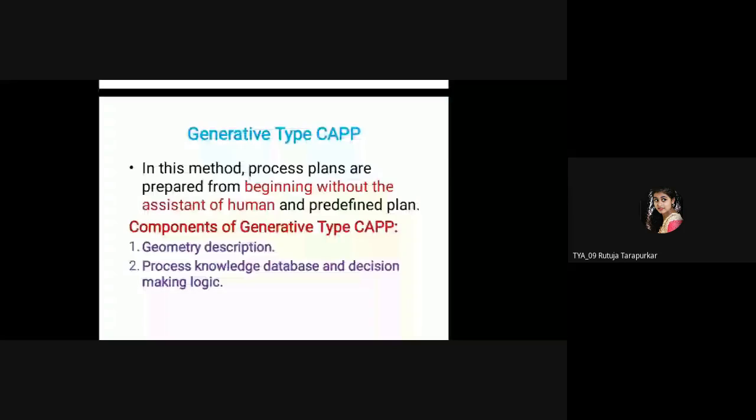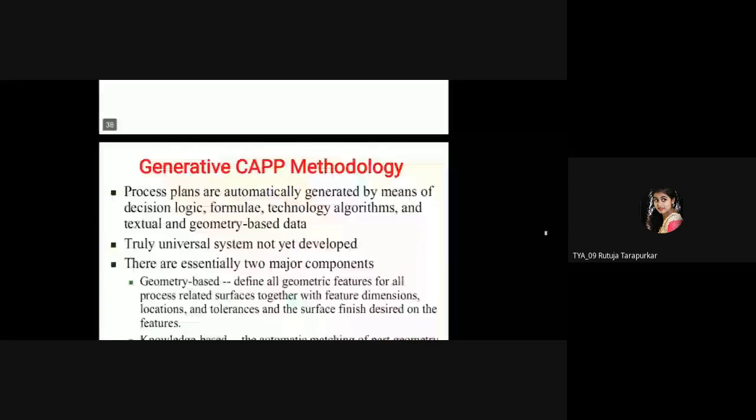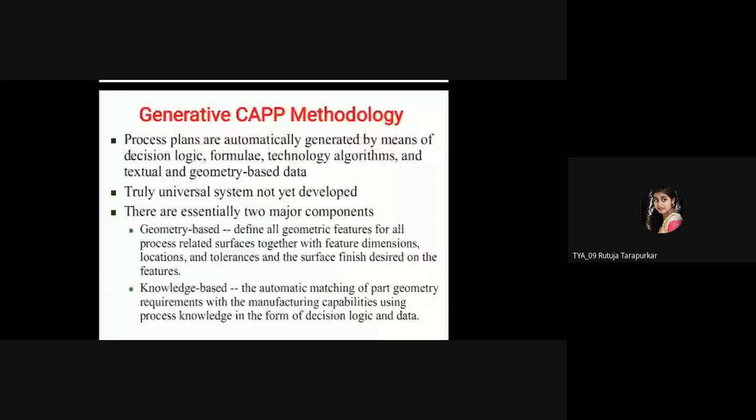So there are some methodologies for doing this generative type of CAPP. So basically in this, the plan is automatically generated by means of decision logic and formulas only. Okay, so actually this system is not yet developed. Okay, this is only a hypothesis.